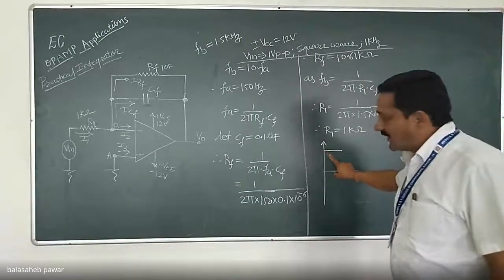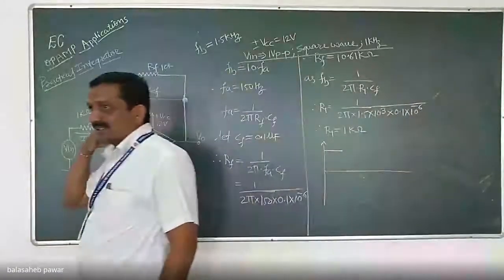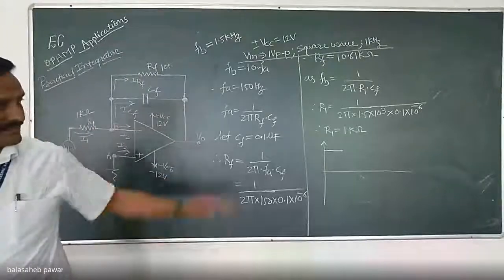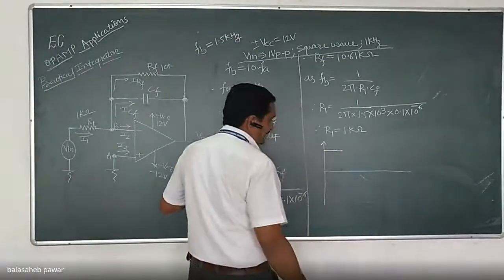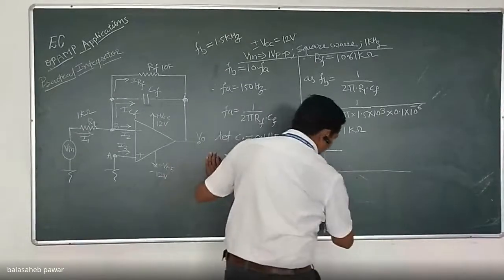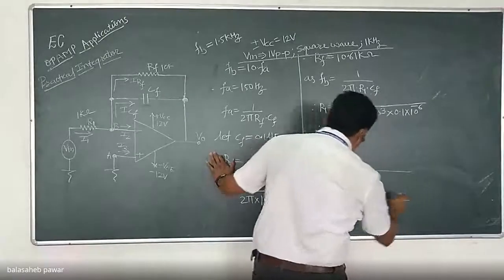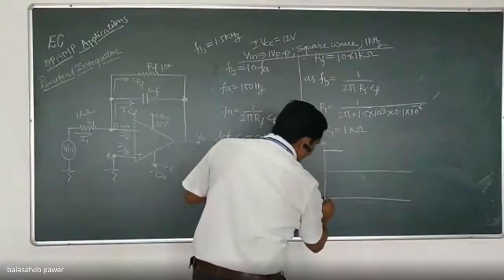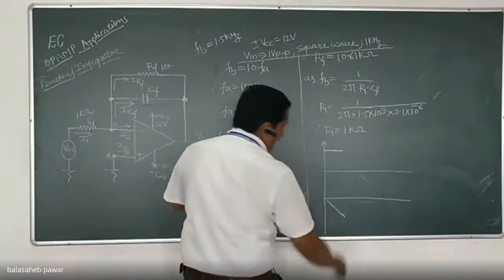So, what will be the output of the integrator? What is the integration of this straight line? Remember, there will be a negative ramp. So you will observe that if a step signal is applied, the output of the integrator is a negative ramp like this.